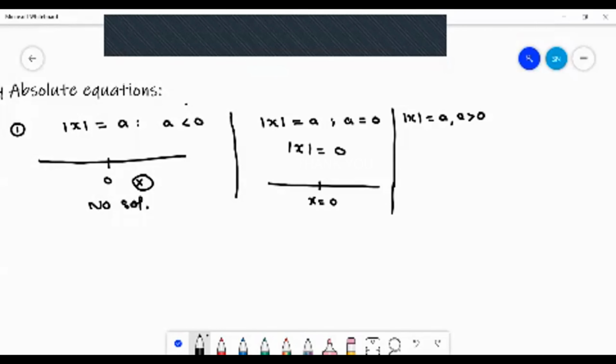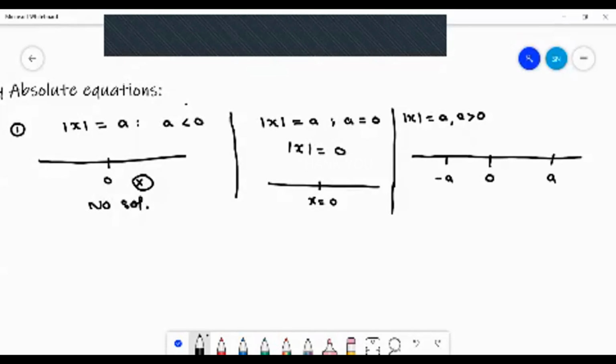So coming to mod x is equal to a, where a is greater than 0. The distance away from the origin is a units. So then there are two possibilities. One point is lying on the right side of 0 and another one on the left side of 0. So this is a and this is minus a.